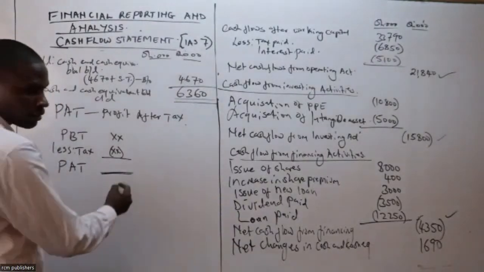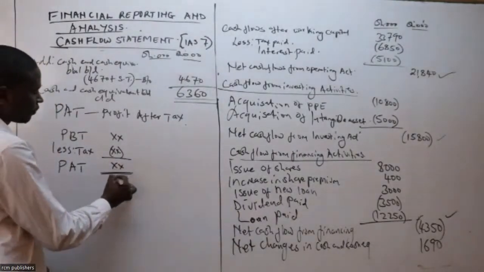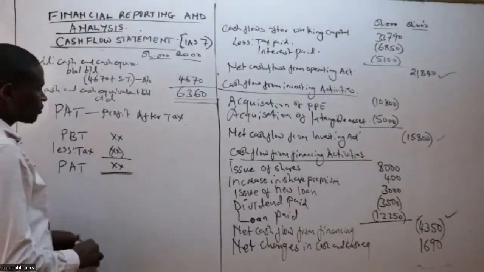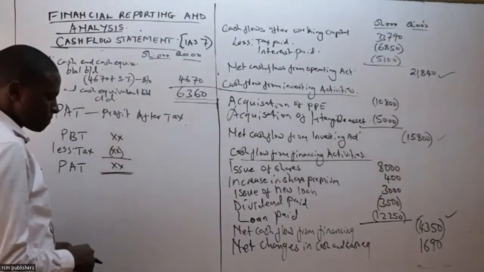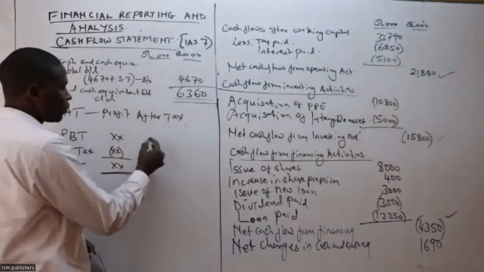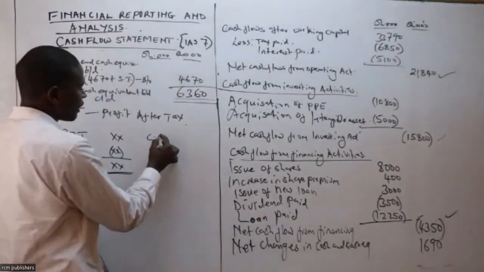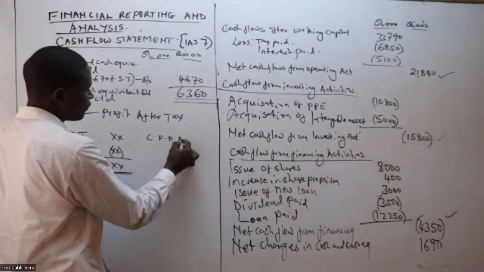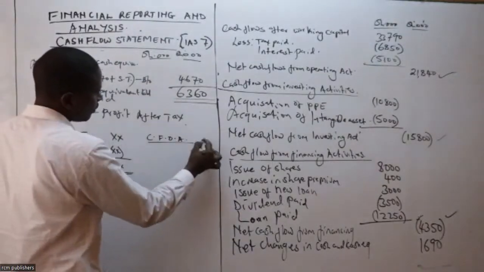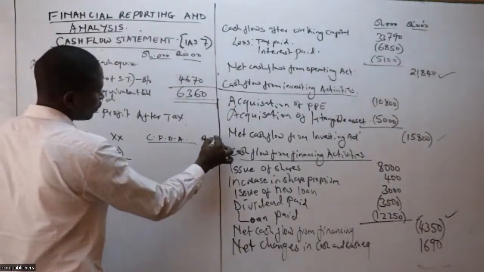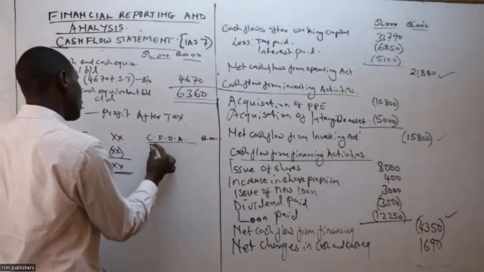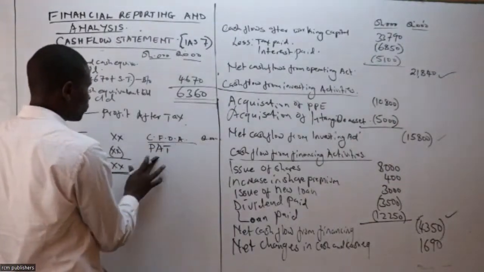So the examiner sometimes will give you this. When the examiner gives you this, when you're preparing your statement of cash flow, whereby we have the cash flow from operating activities, down there, just put your PAT.